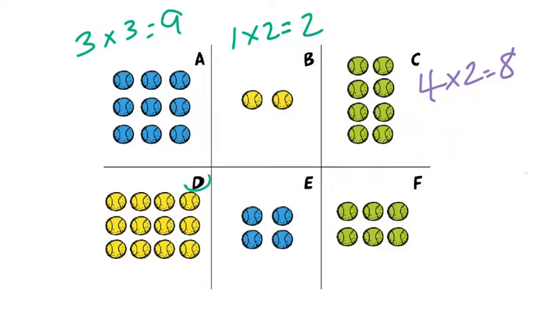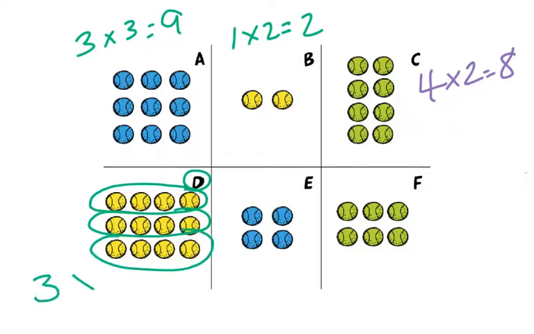Moving down to D right here, we're going to circle our rows first. 1, 2, 3 rows. Times, let's see how many columns we have. 1, 2, 3, 4 equals, count them up. 1, 2, 3, 4, 5, 6, 7, 8, 9, 10, 11, 12. 3 times 4 equals 12.